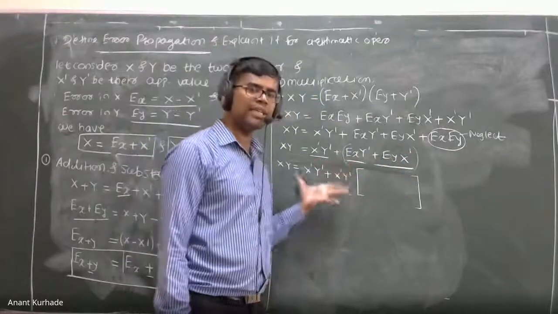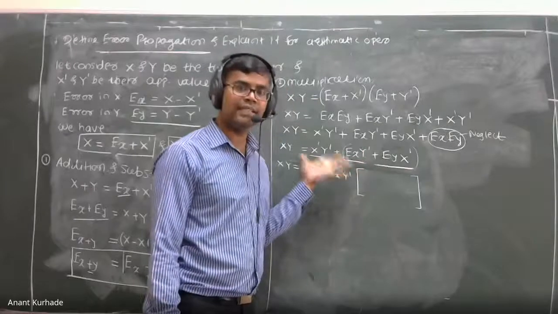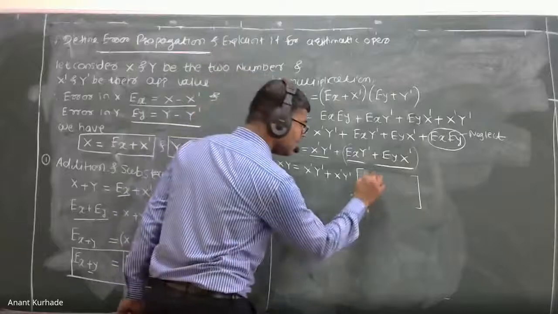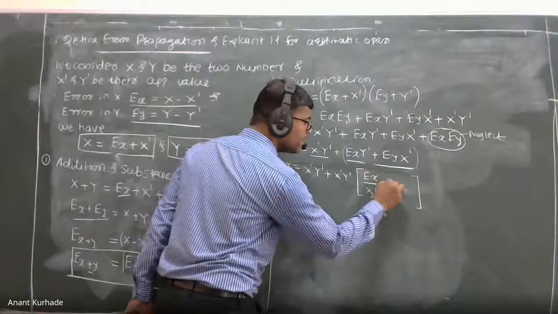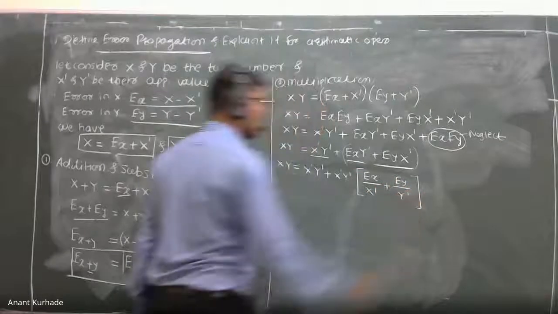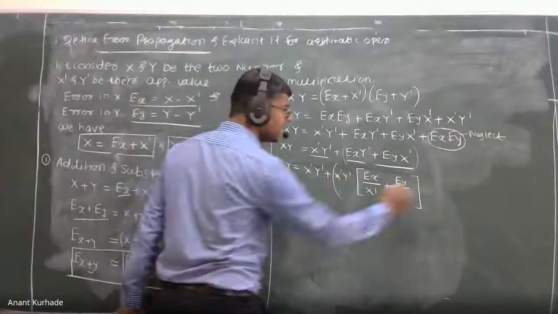Always try to set this equation so that along with this you have ex divided by x dash plus ey divided by y dash. Now this whole term is the error.